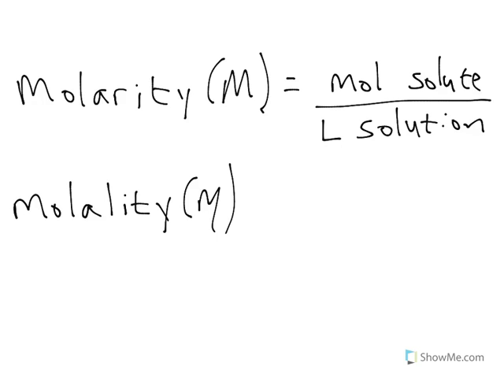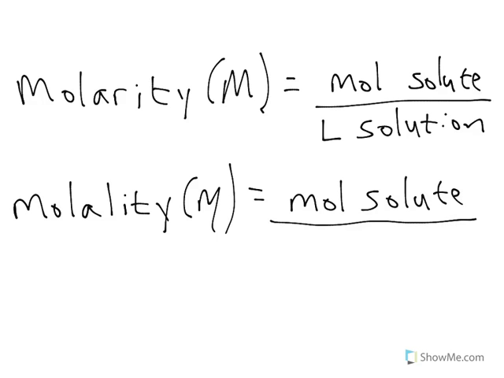So molality is defined as mole solute, again, on top, but the bottom is going to be different. We're going to talk about the kilograms of solvent. So something quite a bit different here. We're dealing with a mass term, kg, which is not temperature dependent, and rather than the solution, we are only looking at the solvent. So it's kg solvent, whereas molarity has liters of solution.